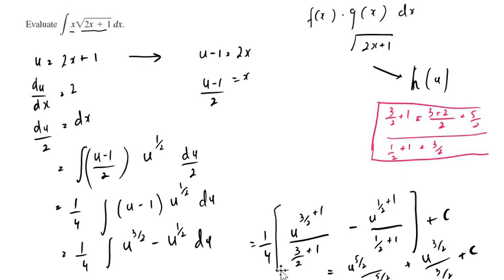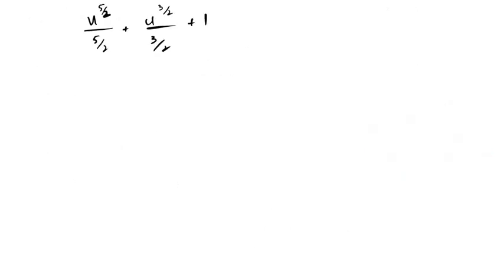Let me do this in the next page. So I've copied this from the other page where u is equal to 2x plus 1. So u to the power 5 over 2 divided by 5 over 2, and we saw plus c, not 1, plus c. So this is equal to, we have a 1/4 also here, so we bring the 1/4 down again.